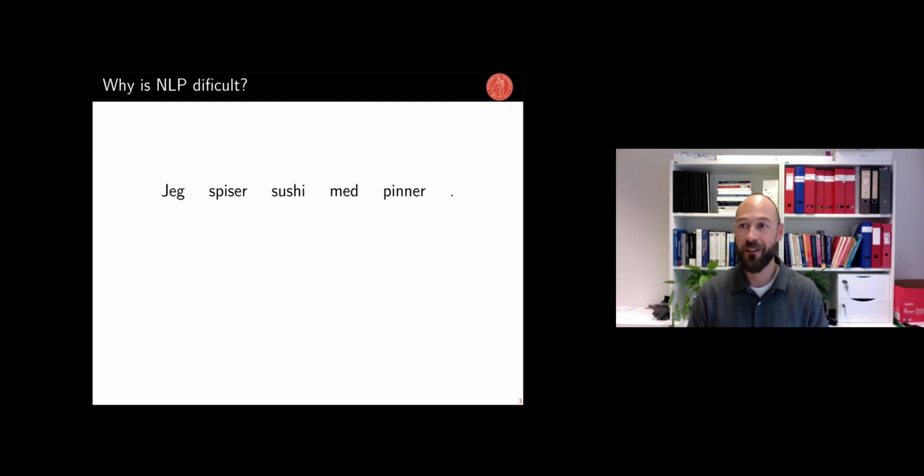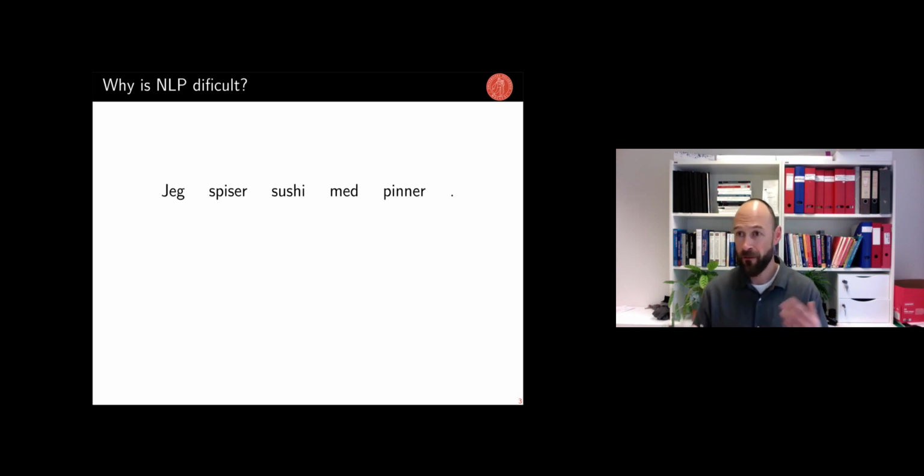So here's one innocent-looking sentence. Jeg spiser sushi med pinner. I eat sushi with sticks. We all immediately, intuitively grasp and understand the sentence, but there are a lot of different aspects that go into that. I'll zoom in on just one tiny little detail, which is how the word pinner, sticks, fits into the overall sentence, how that relates to other words in the sentence.